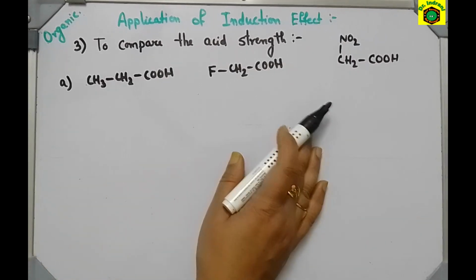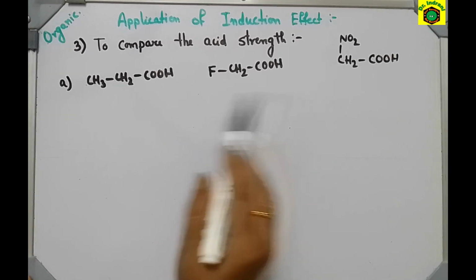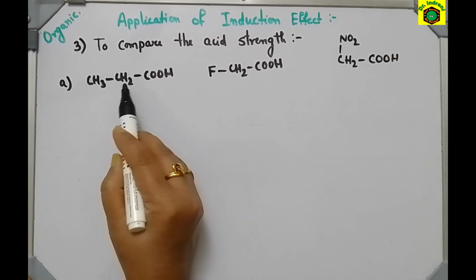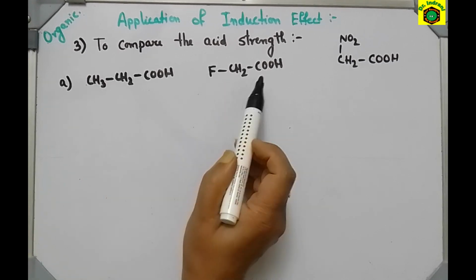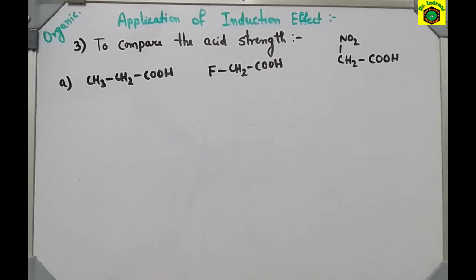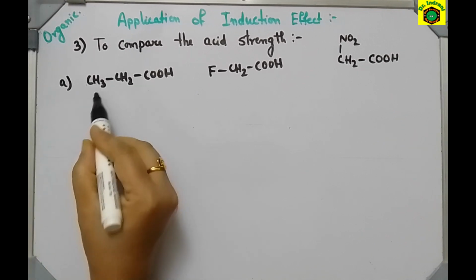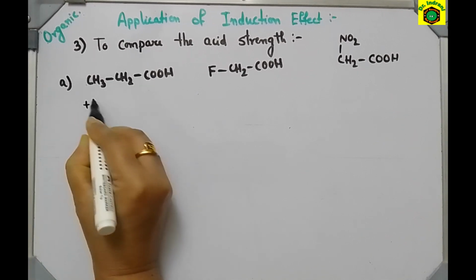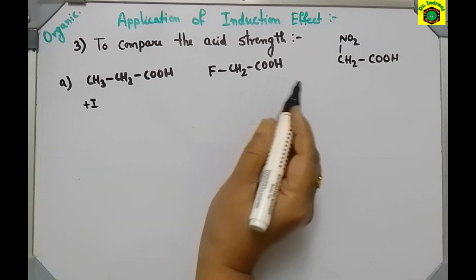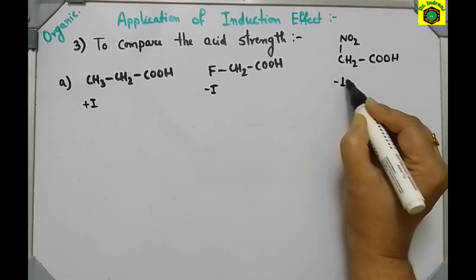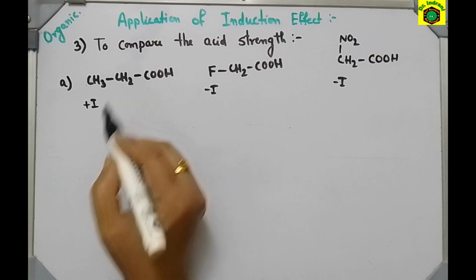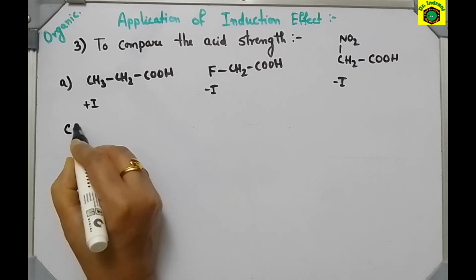Now can you compare the acid strength here? Now see here, in acetic acid, the alpha hydrogen is replaced by a CH3 group, here by a fluoro group, and here by a nitro group respectively. You know CH3 is having plus I effect, and fluoro and nitro are having minus I effect. Now first you have to write the conjugate bases.